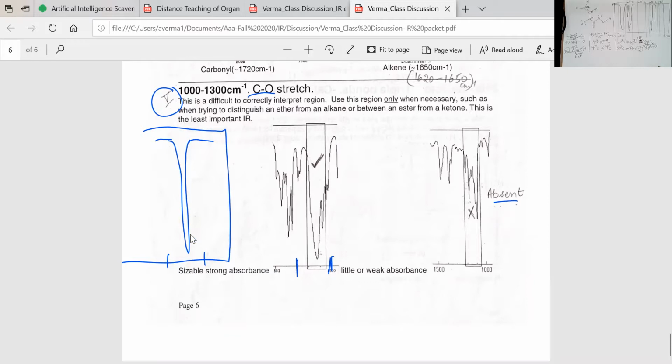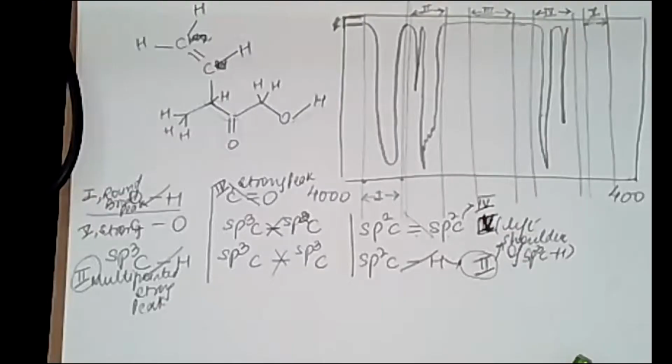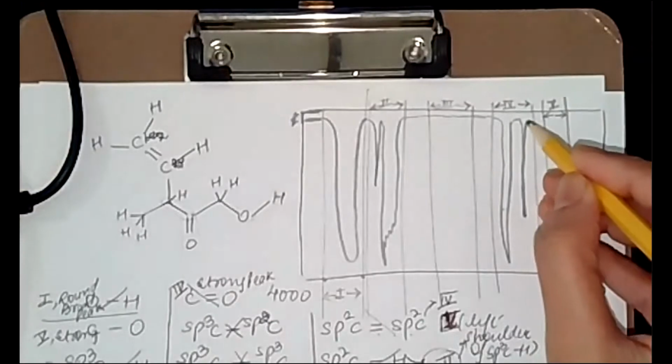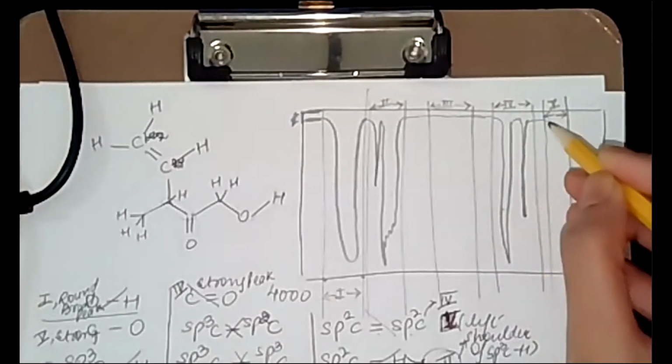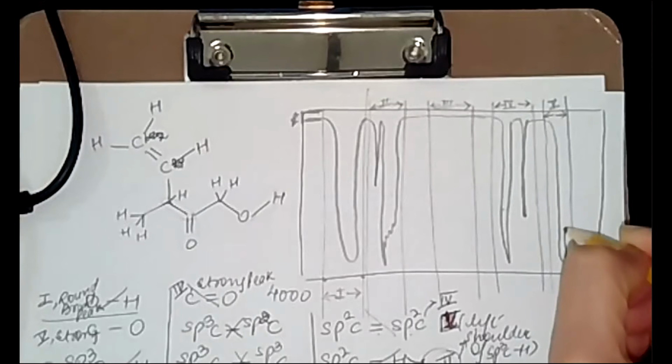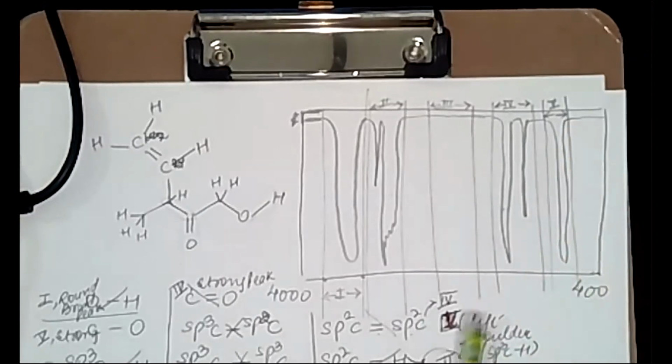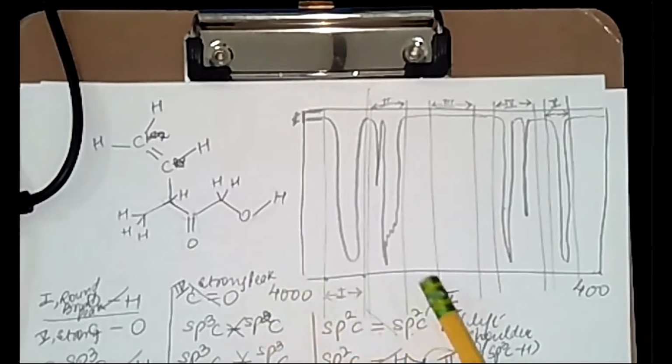A single round peak should be enough for you to depict your C single bond O in region 5. Then you complete the line. If you want, you can then eventually erase these highlights that you have done.